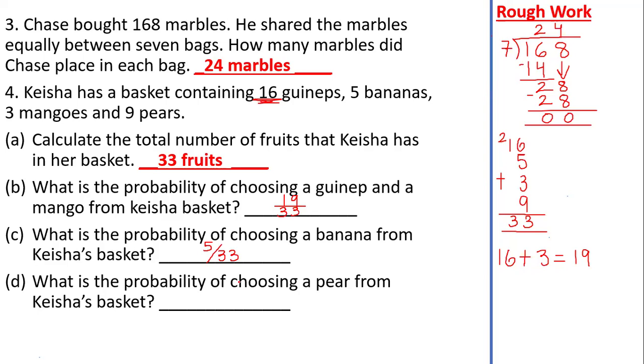Very good, and that's correct. So how do we get 9 over 33? There are 9 pears in total, and there are 33 fruits in total, right? So it's going to be 9 over 33.